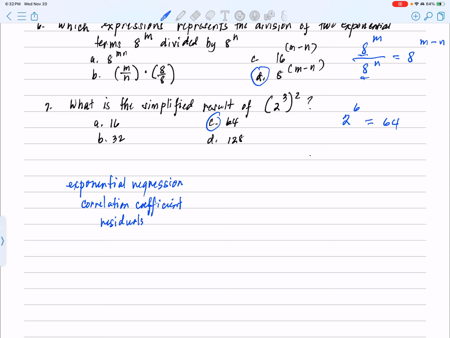And there is another one that I would like to emphasize, which is this letter that symbolizes e. This is the natural base. We call it the natural base e, and its value is approximately 2.718, and so on and so forth.